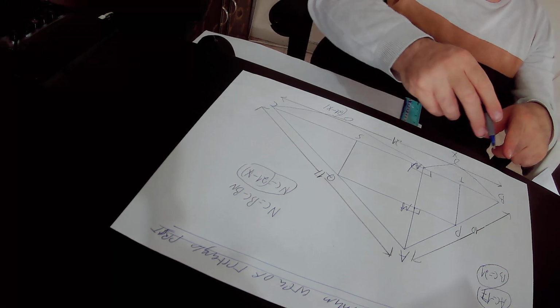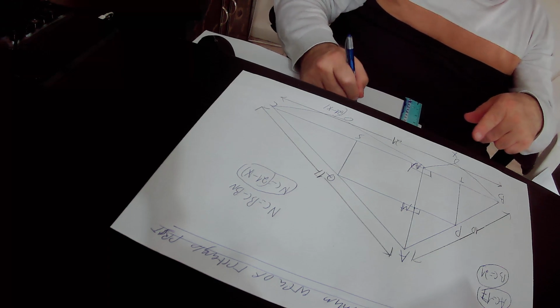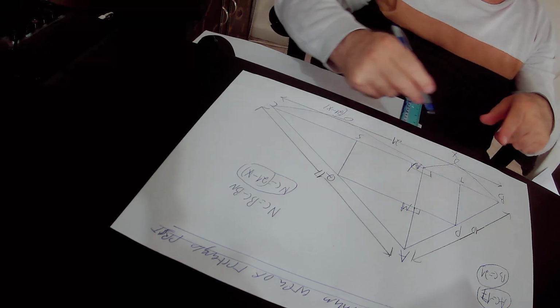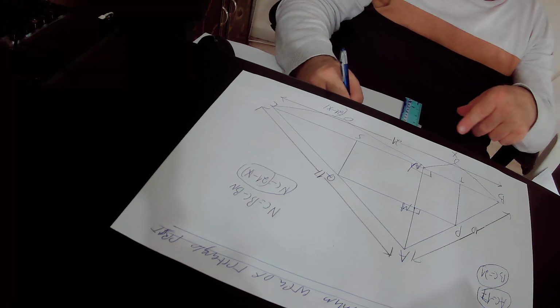Side BN of the right triangle ABN equals x units in its length, and the hypotenuse AB equals 10 units in its length according to what is given in the question.